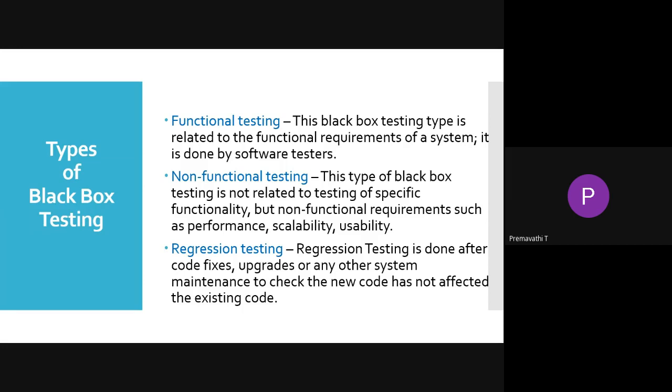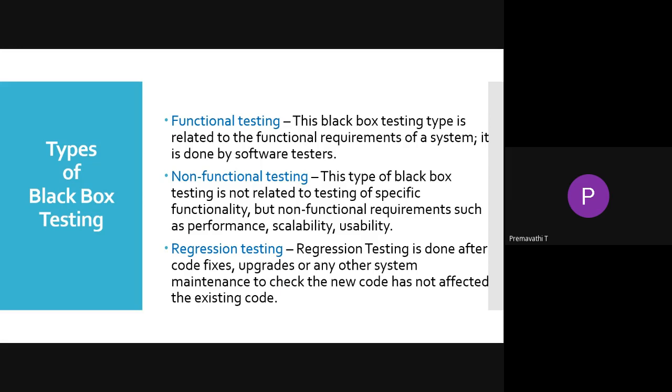Here, when you go for the types of testing, we have three types of testing in black box. There are many types of black box testing available, but we have to follow some predominant ones.